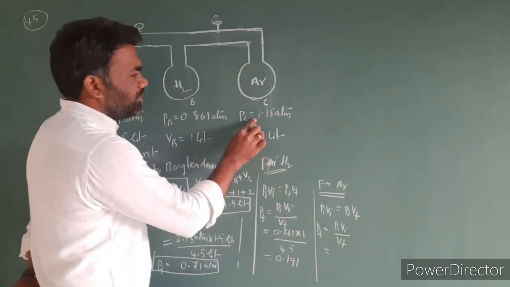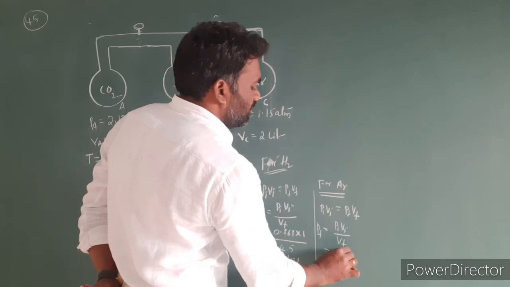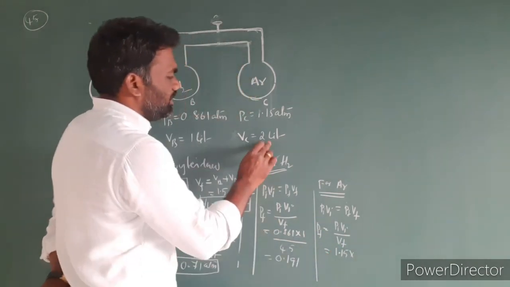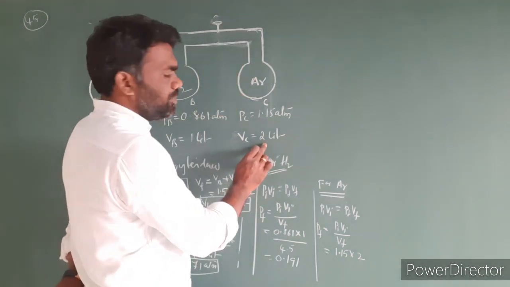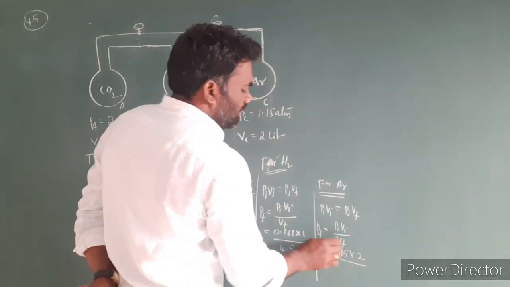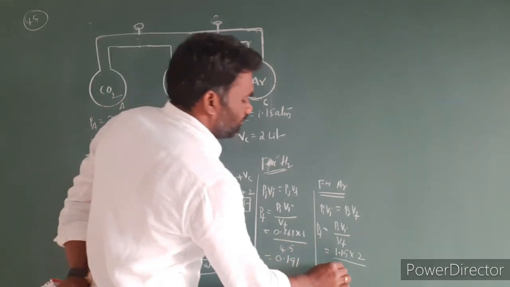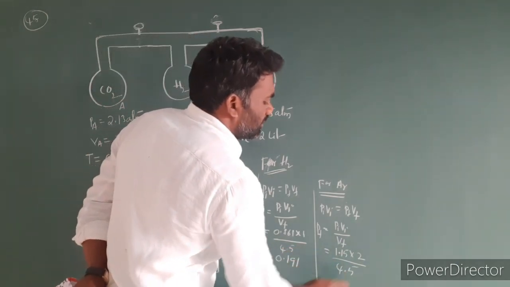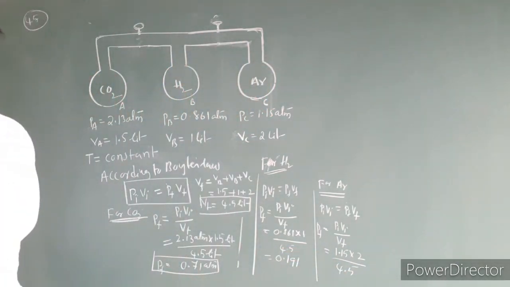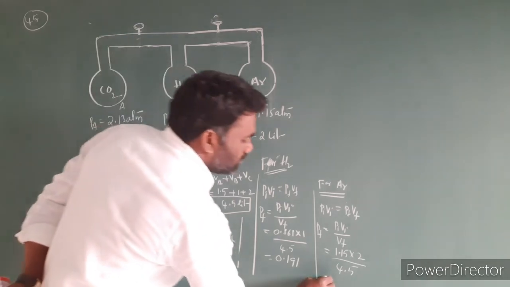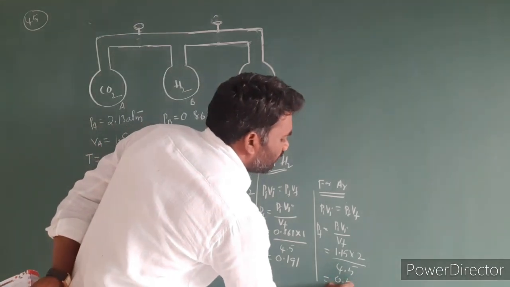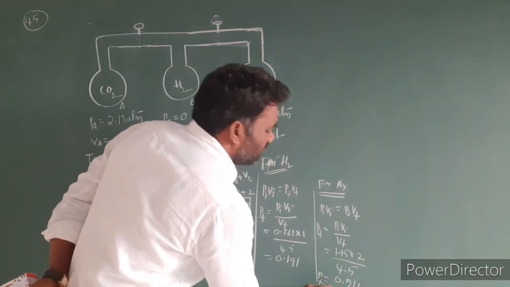Initial is given how much? 1.15 atmospheres, into volume given how much? VC is 2, by the final volume, which we already know is 4.5. That is equal to 1.15 into 2 by 4.5, and we will get 0.511. This is P final.